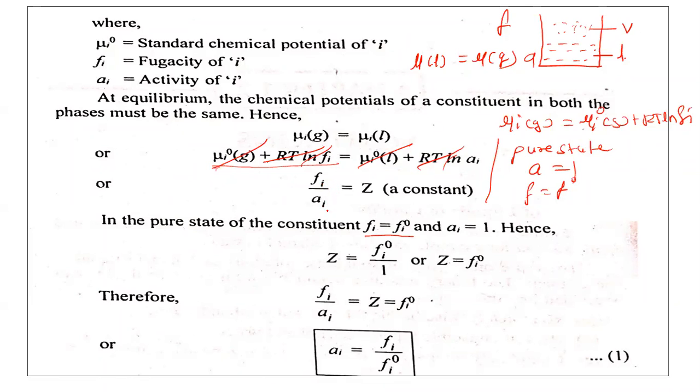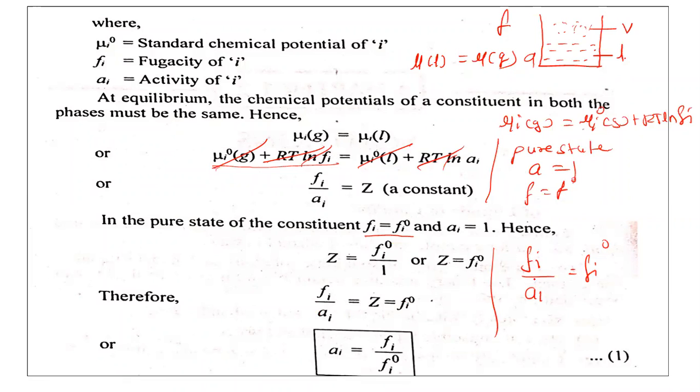Fi upon Ai is equal to Z, a constant. Here Ai is equal to 1 and Fi is equal to Fi0, so Z is equal to Fi0. So we can put the value of Z into this equation. Therefore Fi upon Ai is equal to Fi0, because Z is equal to Fi0.